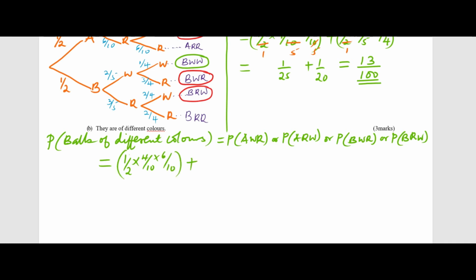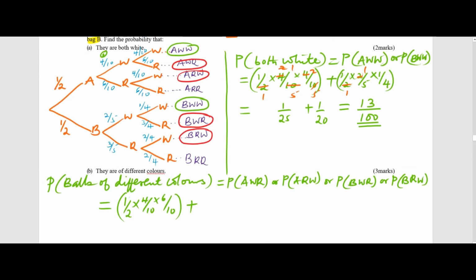We go to probability A red white. It will be a half, this branch, times 6 over 10 times 4 over 10.